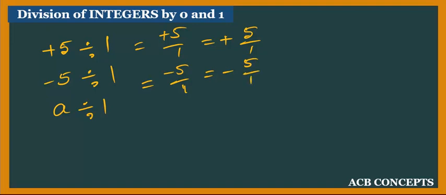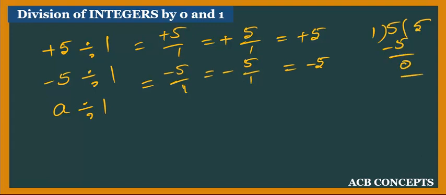What is its value? Same as plus 5, and here same as minus 5. How? Here 5 is the dividend and 1 is the divisor. The quotient is 5, since 5 ones are 5. Similarly minus 5 by 1 is equal to minus 5.